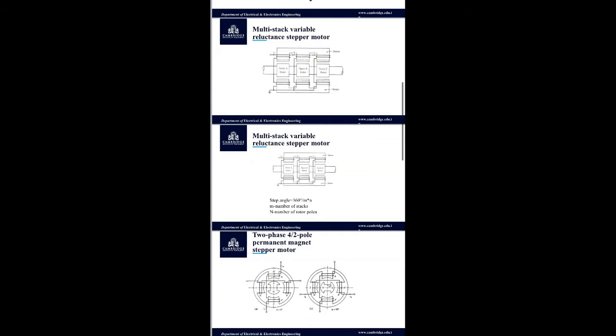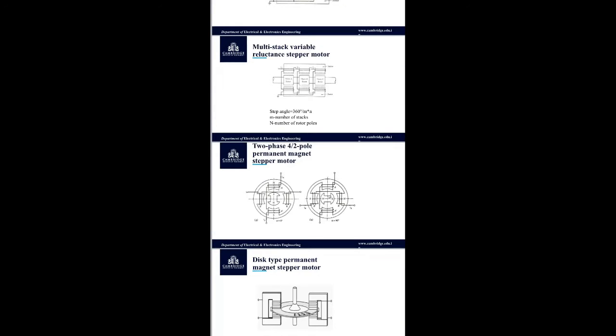Next is a permanent magnet. The stator of a permanent magnet stepper motor is similar to that of a single stack variable reluctance motor. Here the figure shows the permanent magnet stepper motor. When phase A is excited, the direction of current A is as shown in the figure.